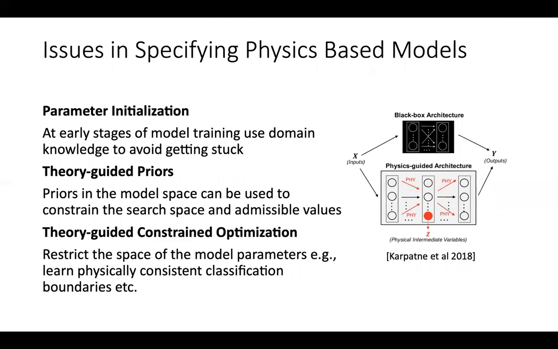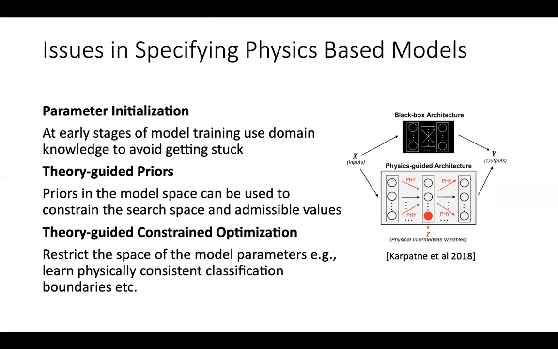That said, there are a few issues one should be mindful of, or things from the domain which can actually be helpful in creating such models. So for example, in the physics domain, knowledge can be used in parameter initialization. It's been shown that it can help in, say, not getting stuck in local minima. We can also define priors, which can be used to constrain the search space.